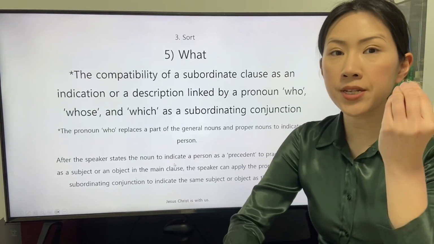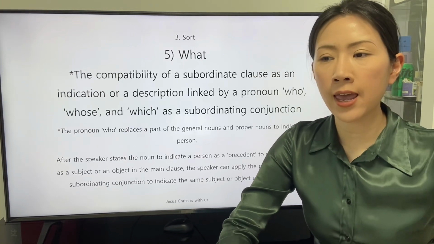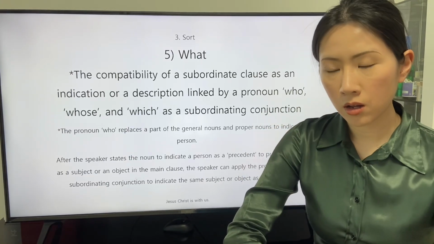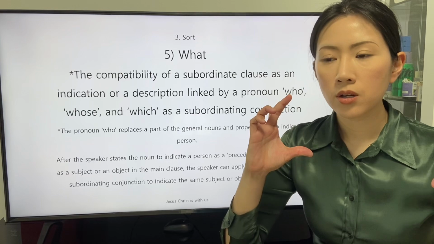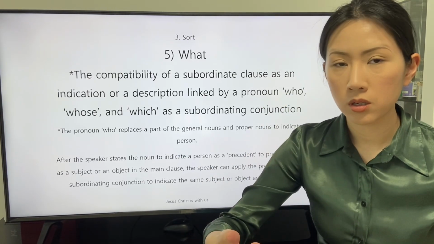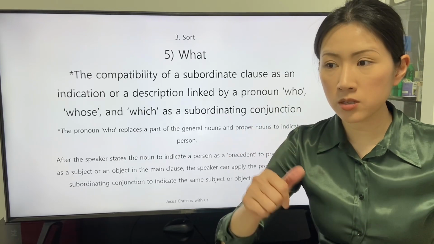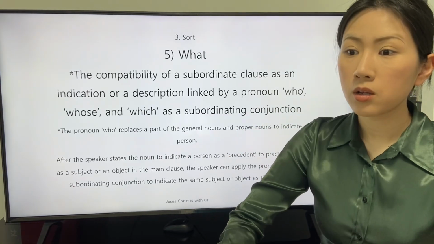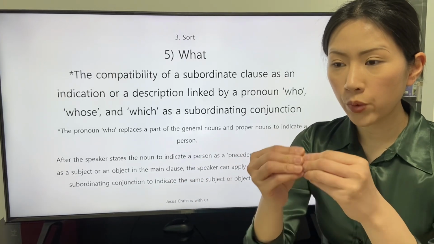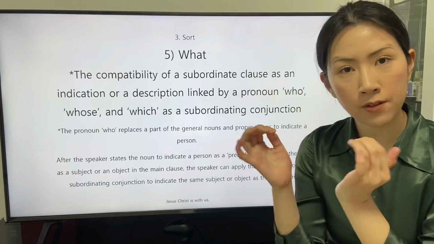With the precedent in the main clause, the listeners can understand the purpose of the subordinate clause. The purpose of the subordinate clause is clarified with the revelation of the precedent.